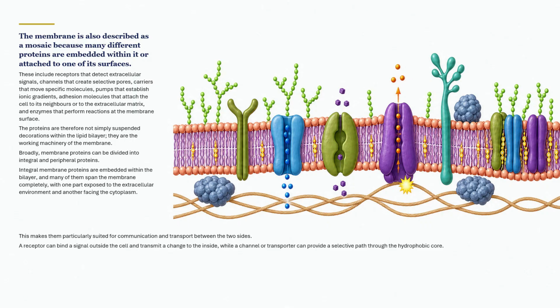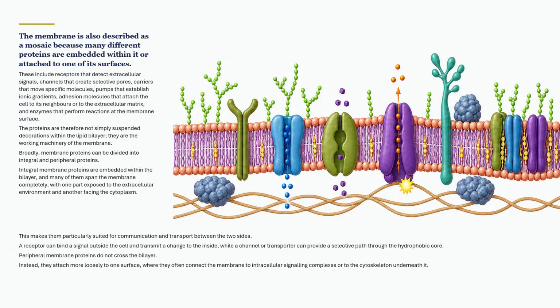A receptor can bind a signal outside the cell and transmit a change to the inside, while a channel or transporter can provide a selective path through the hydrophobic core. Peripheral membrane proteins do not cross the bilayer. Instead, they attach more loosely to one surface, where they often connect the membrane to intracellular signaling complexes or to the cytoskeleton underneath it. So some proteins cross the border, while others organize the machinery along one face of it.